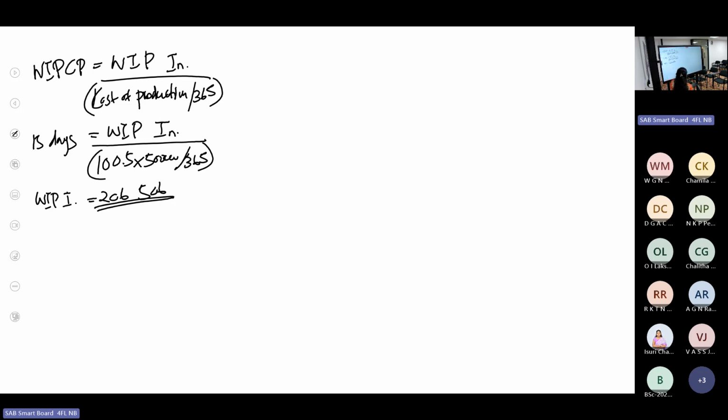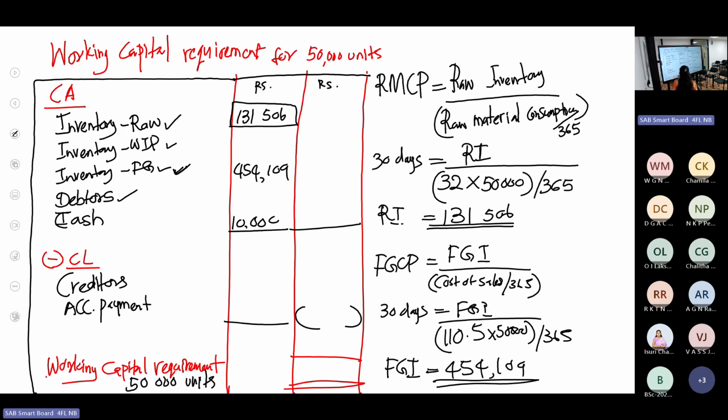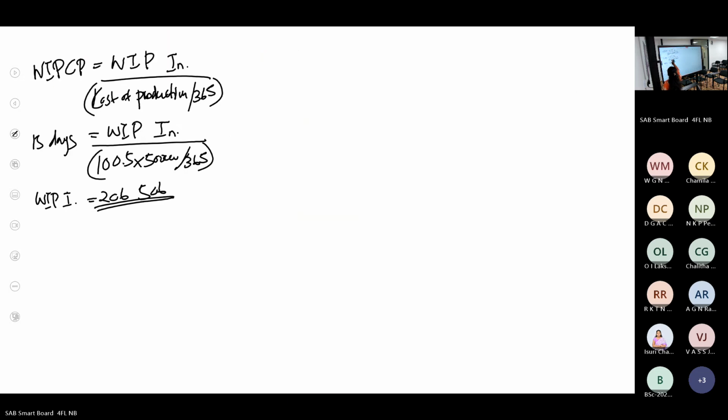Am I correct? Correct. Okay. Now go to your balance sheet. Record WIP inventory 6,506. Now we have only 3 more: debtors, creditors, and accrued payment. Then the question is done. Okay, we'll go to the next one.